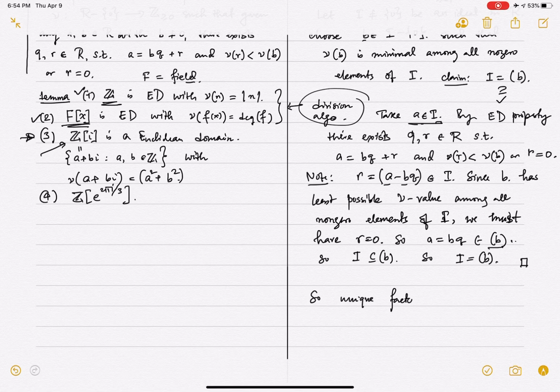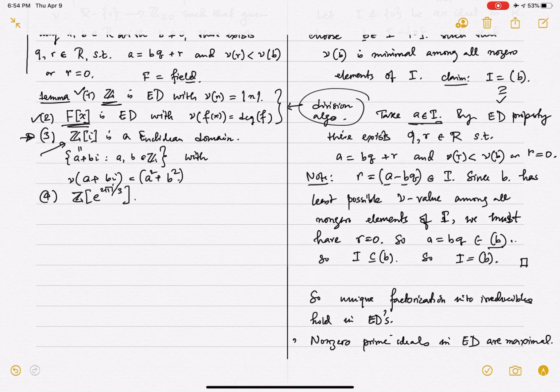So unique factorization into irreducibles holds in Euclidean domains. Non-zero primes, non-zero prime ideals in a Euclidean domain are maximal.